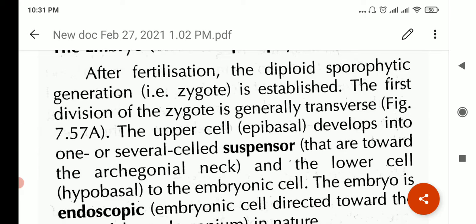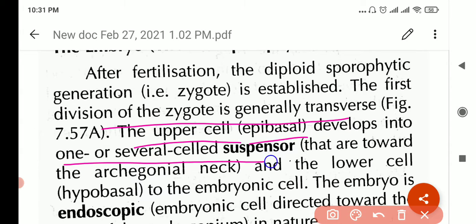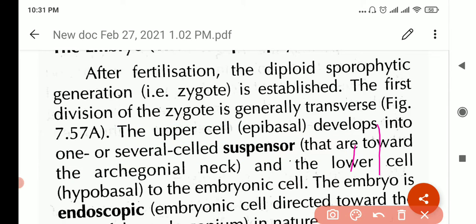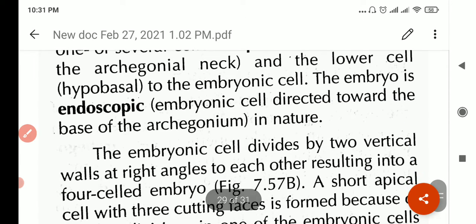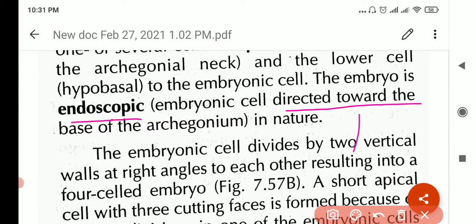The first division of the zygote is transverse, and we get an upper cell, the epibasal cell, which develops into a suspensor, and the lower cell which will develop into the embryonic cell. The embryo is endoscopic, that is, it is directed towards the base of the archegonium.